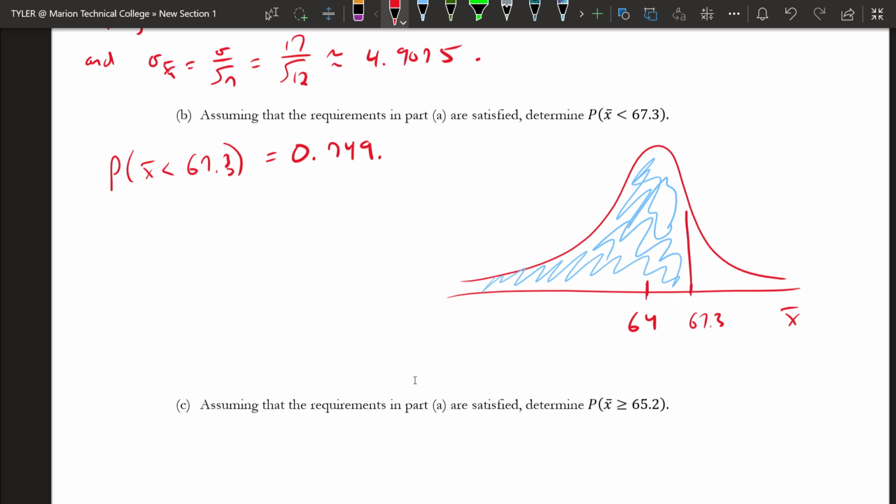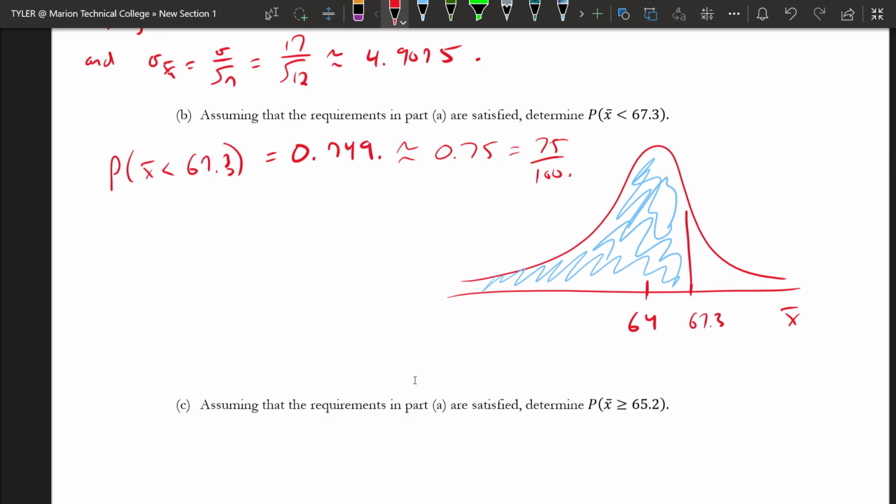This is pretty close to 0.75, which is equal to 75 out of 100, right? So we could say, if we took 100 simple random samples of size n equals 12 from a population that is normally distributed with a mean of 64 and standard deviation of 17, then about 75 of the samples will result in a mean that is less than 67.3.